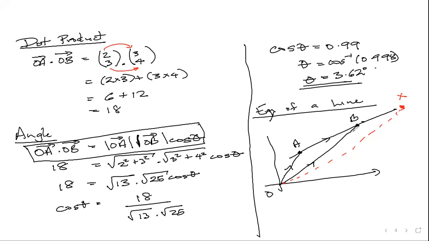Okay. O to B, and the red line is, I'm going to say now, I want to find the equation of the line AB, a point X, any point on the line AB. So I want to be able to find any point on the line AB.